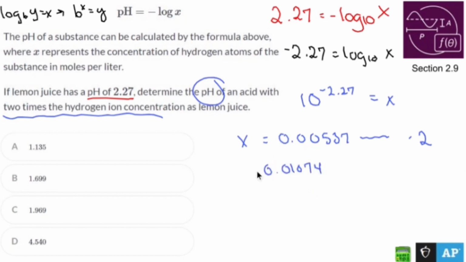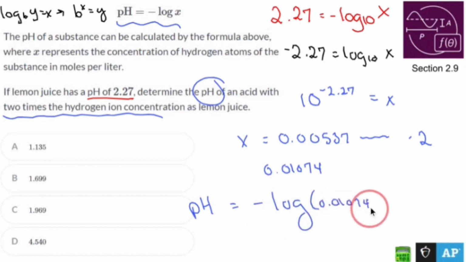So an acid with 2 times that, I need to find the pH of that. I said pH equals negative log base 10 of 0.01074, and I got 1.96897, which ended up being C.